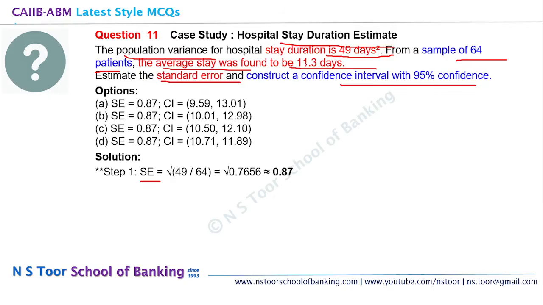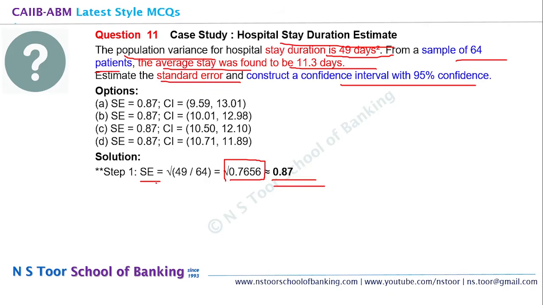So standard error is equal to square root of variance divided by square root of n. Square root of 49 divided by square root of 64 is equal to 0.7656, and its square root, the correct answer, will be 0.87.